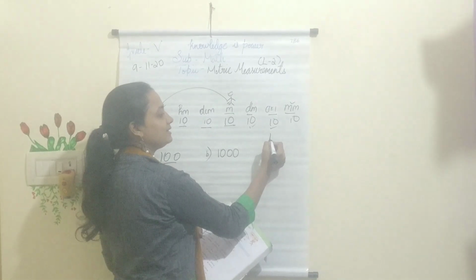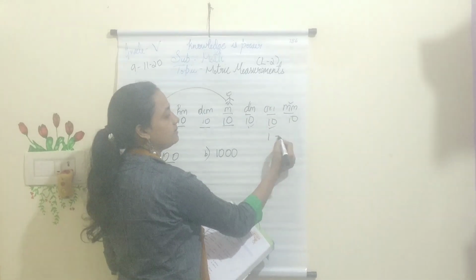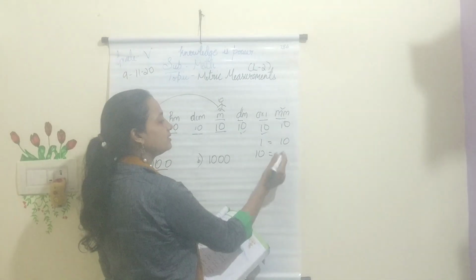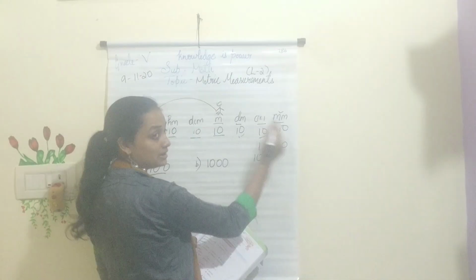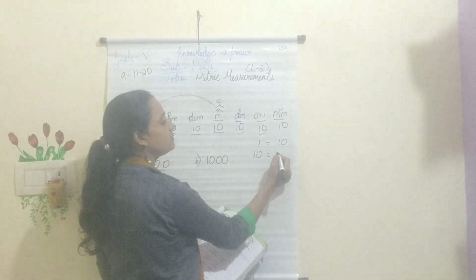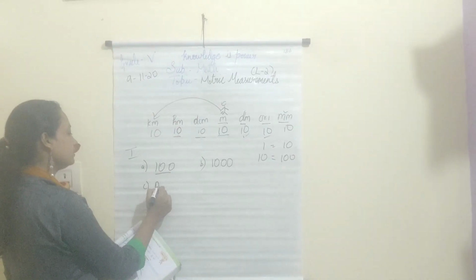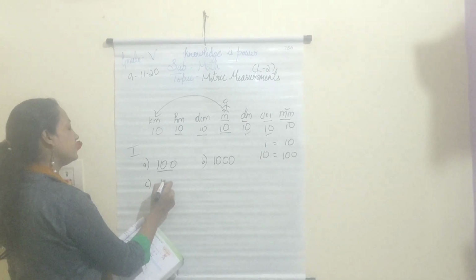C, 10 centimeters is how many millimeters? 1 centimeter is 10 millimeters, right? So 10 centimeters will be how many? I should multiply with 10 here. So 10 into 10 will be 100 millimeters. C is 100 millimeters.